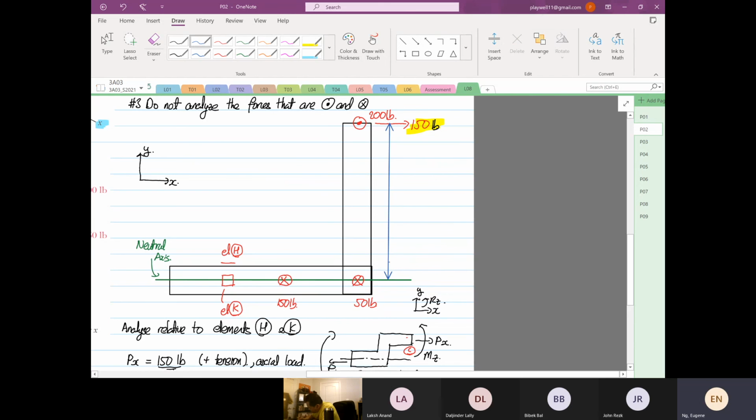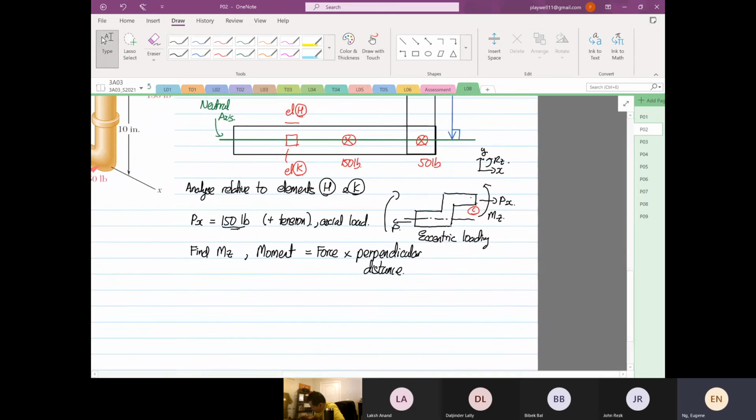And as you can see, the perpendicular distance is towards the neutral axis. You can see that, right? The perpendicular distance is up to the neutral axis. That's why identifying the neutral axis is important.